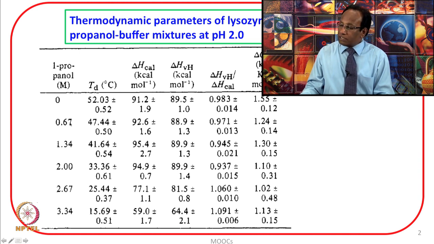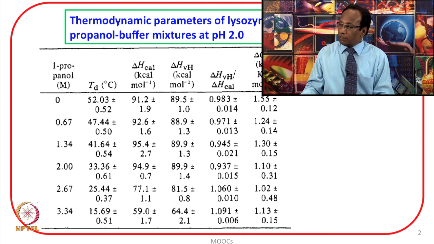When alcohol is added, now we go down the first column, you see when the concentration of 1-propanol in the mixture is 0.67 molar, the transition temperature decreases from 52 to 47. There is a drop in the thermal transition temperature of the protein.